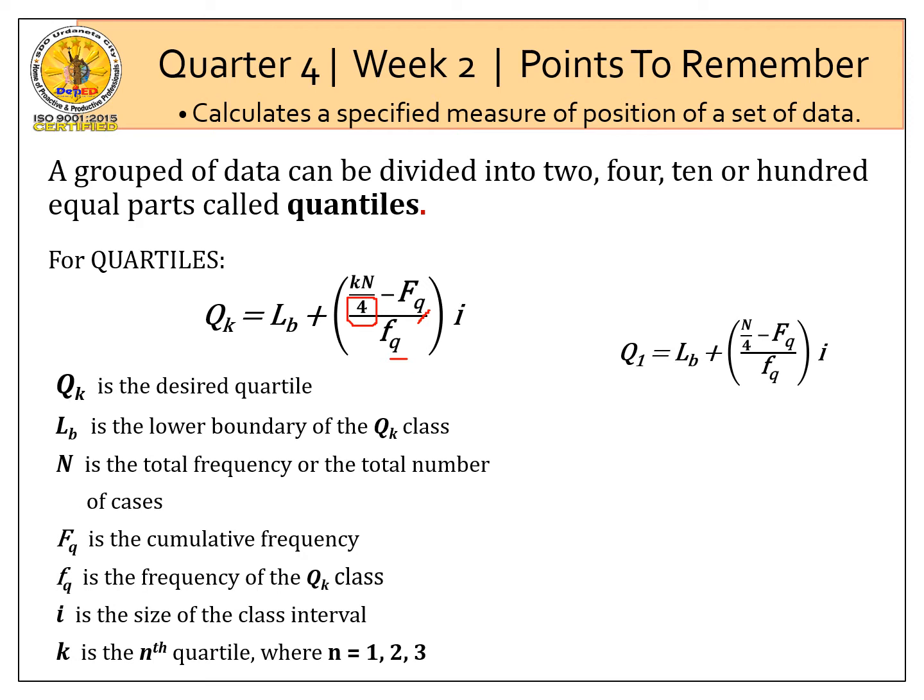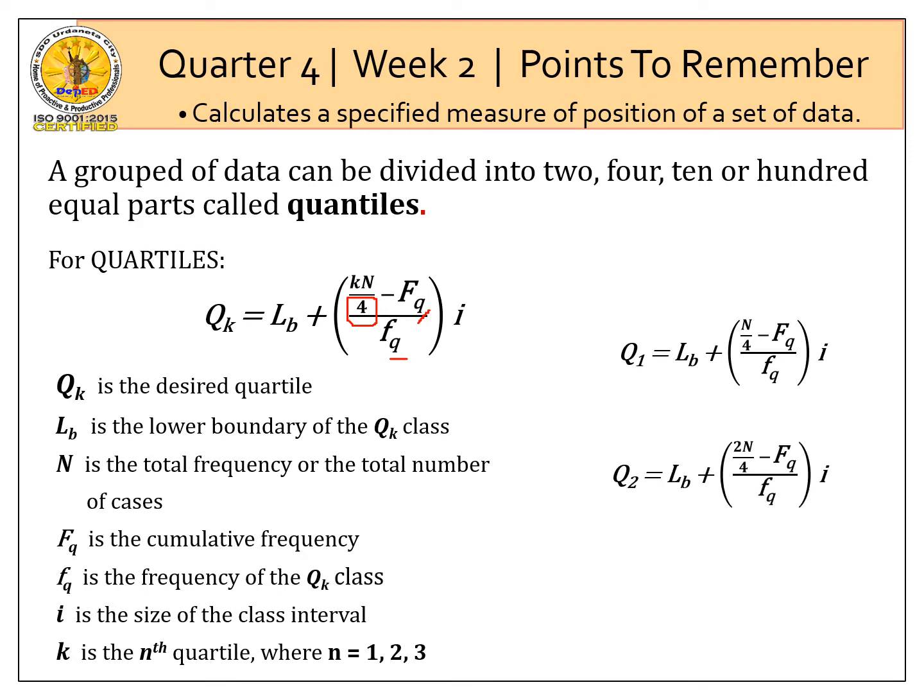So for quartile 1, we have the lower boundary of the quartile class plus n over 4 minus the cumulative frequency divided by the frequency of the quartile class multiplied by the interval. Take note that k is equal to 1.